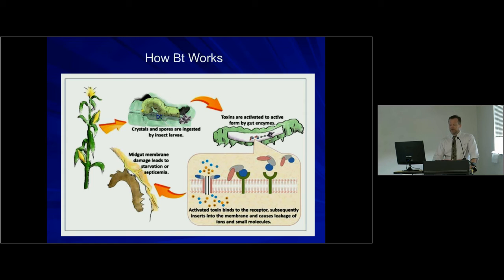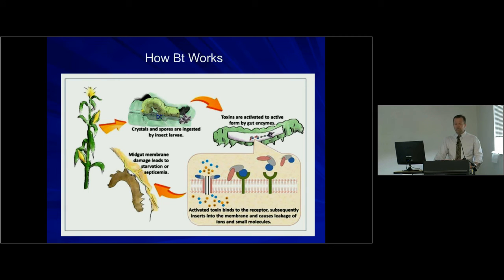So the receptors are like a lock and key mechanism, they bind the protein and then they cluster together to form a pore, which then allows the inside of the body and the rest of the body to intermingle, so you have a mixing of the stomach contents with the rest of the body, and the animal gets sick and dies. So just a few little nibbles of that leaf with some Bt causes this organism to become permanently turned off to it. Kills the insect too, so it doesn't reproduce.